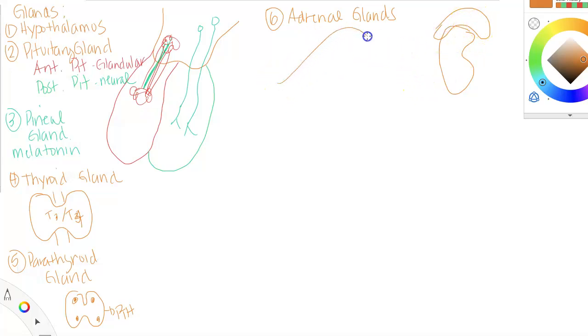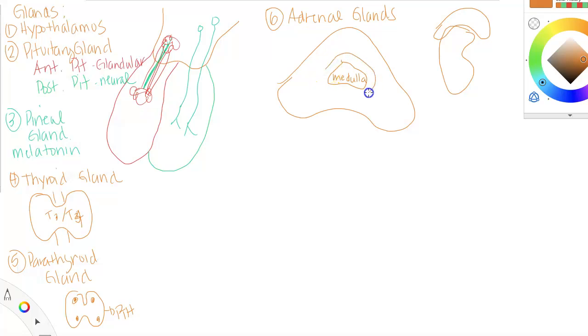So we look closer to it. It has two main parts. So it has a center part, which is called the medulla. It's neural tissue, and this is the part that connects with the sympathetic nervous system, allowing epinephrine to be dumped into the blood to provide sympathetic activity.